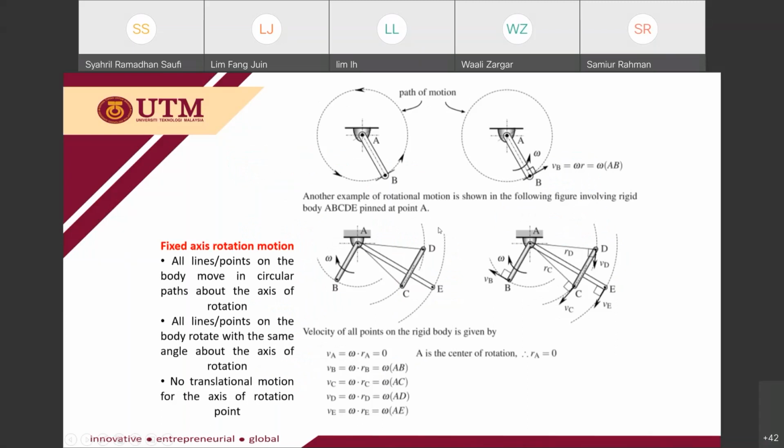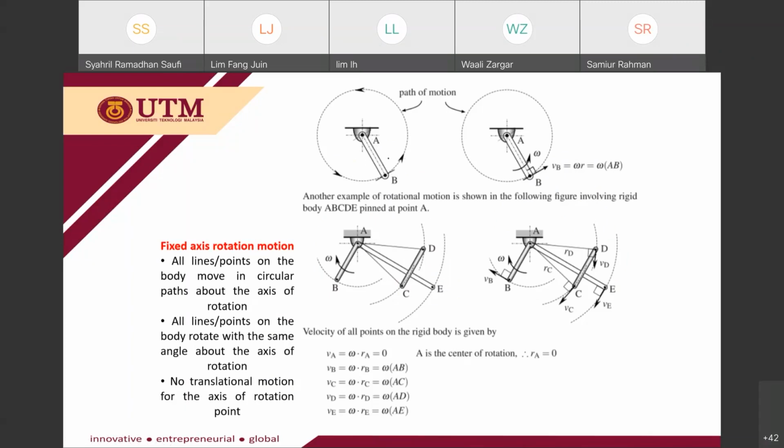Alright, so we go on to another motion, which is fixed axis rotation. In this example, you have the arm that is pivoted, fixed at point A, and point B is rotating about point A. So from this case, we know that this is rotation motion.